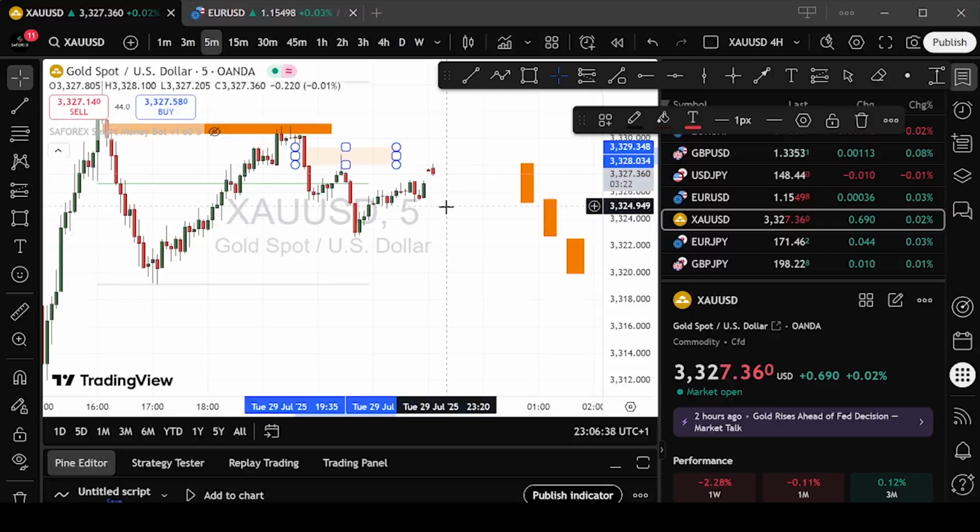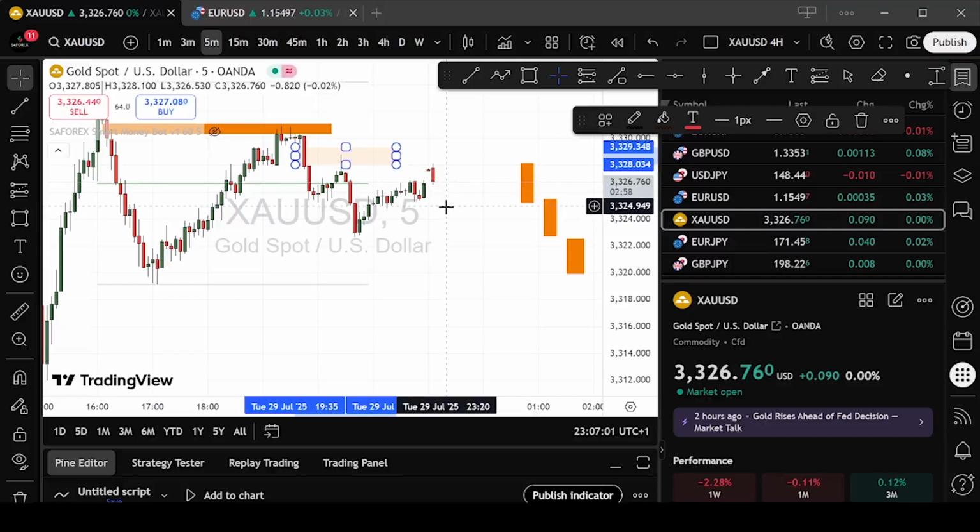You are buying cheap and you are selling high. It also helps you to filter, or let me say it's a filter that tells you when it's safe to trade and when to wait. Alright, so you must know that. If you master these simple principles, you will already be ahead of many retail traders out there.